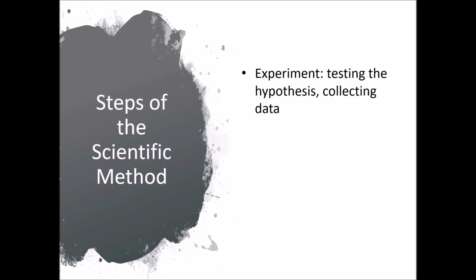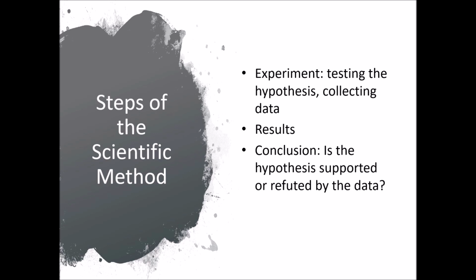So we will do this experiment and we will have some results, which we then use to draw a conclusion. So the conclusion is an analysis of the results of our experiment as to how they reflect on the hypothesis. In other words, do our results support the hypothesis, or do our results refute the hypothesis?